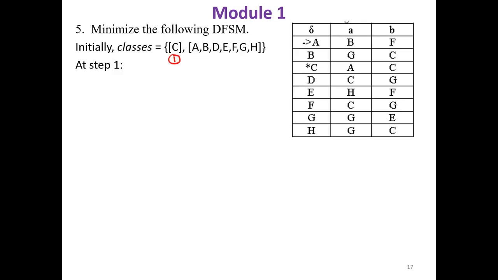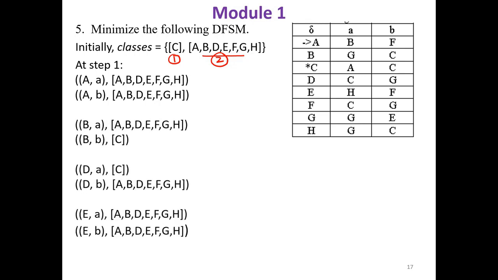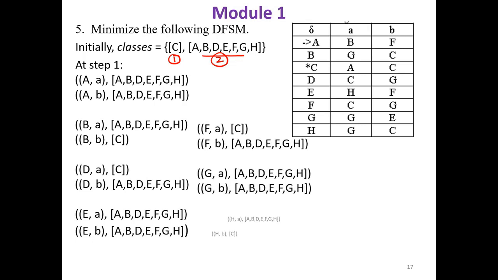Having these two classes, the next step is to check whether it is possible to split class 2 further, for which we have to find all the possible transitions from AA, AB, BA, BB, DA, DB, EA, EB, FA, FB, GA, GB, HA, HB.